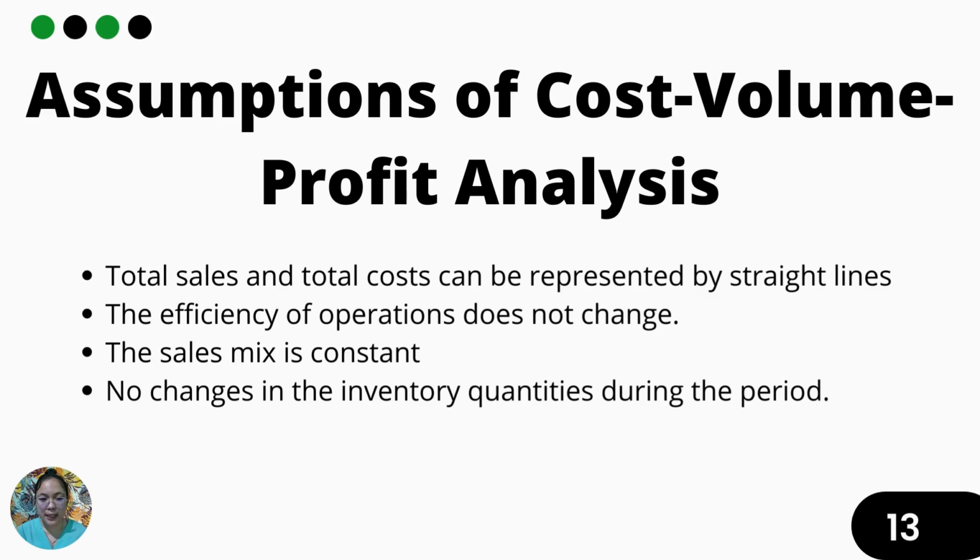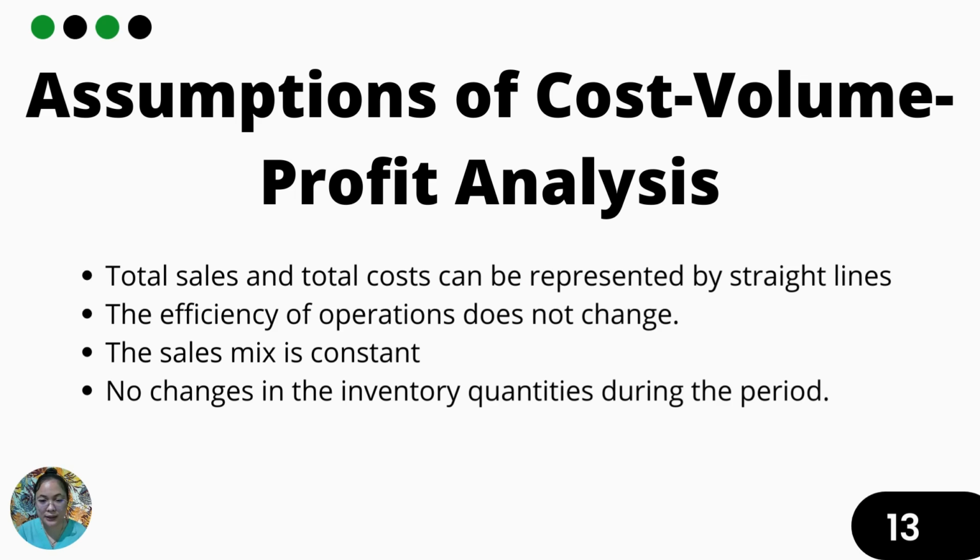There are assumptions made of cost volume profit analysis. The primary assumptions are as follows. Total sales and total cost can be represented by straight lines. Within the relevant range of operating activity, the efficiency of the operation does not change. The cost can be divided into fixed and variable components.